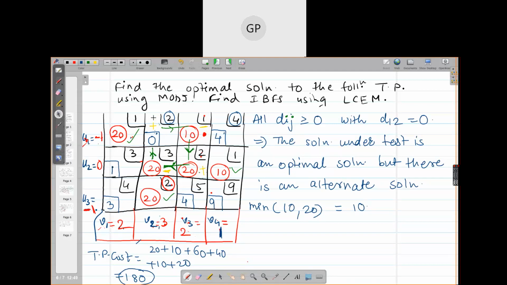So what will I do? I will put plus 10 units here so that this cell will become occupied, and I will take out all 10 units from this cell. So this cell will become unoccupied. Here I will put 10 again, and here I will take 10 units. Okay. Have you written this?